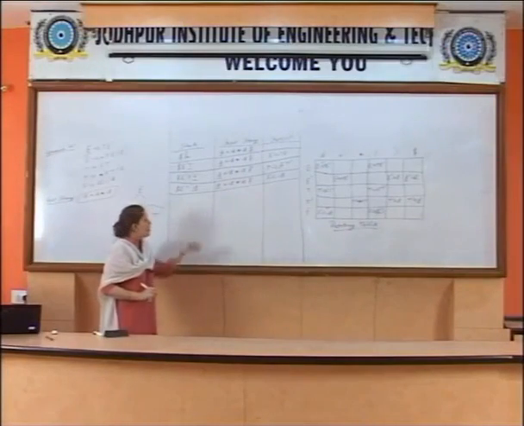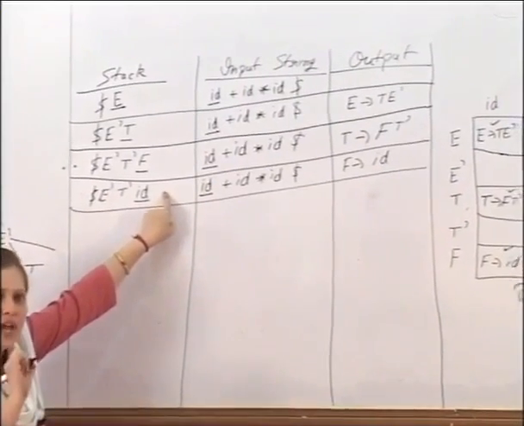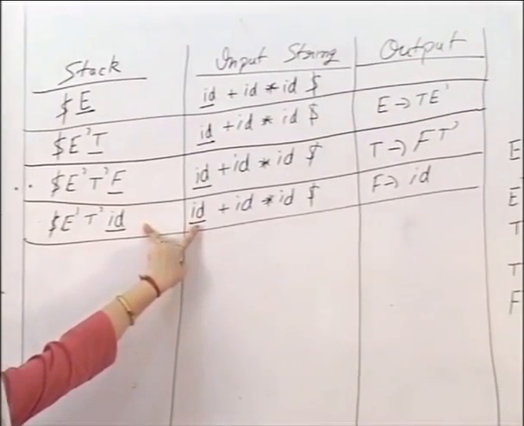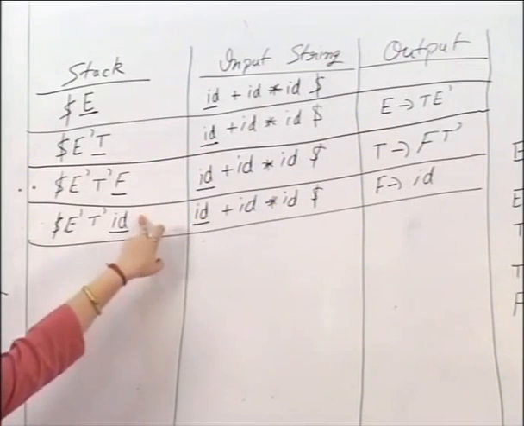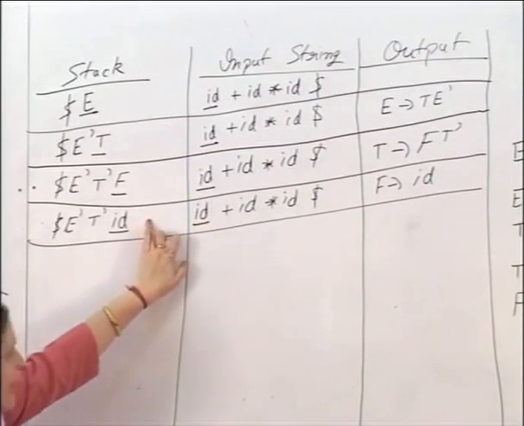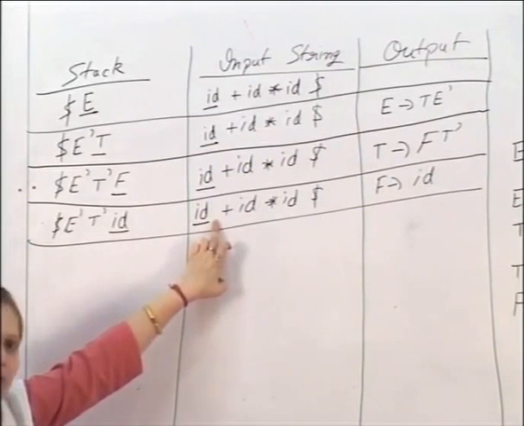Again check the value that is placed on the top of the stack, that is ID. Does it match with the input pointer value ID? Yes, it matches, as it is a terminal symbol. Then pop both, that is the value at the top of the stack and the input pointer character from the input string.